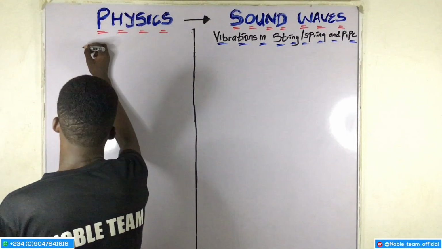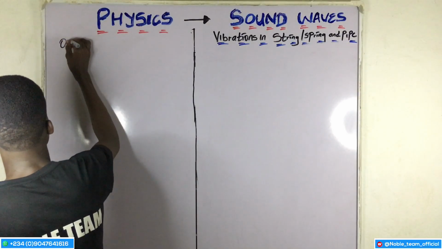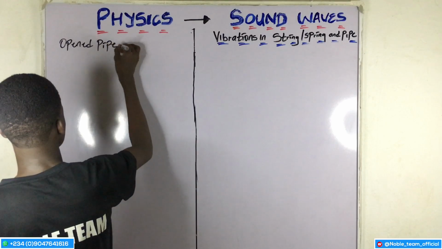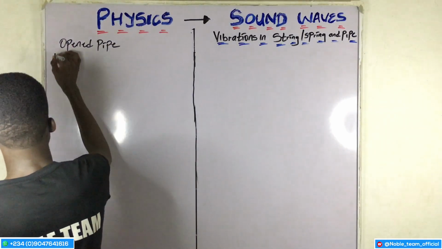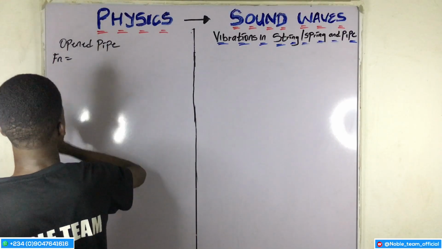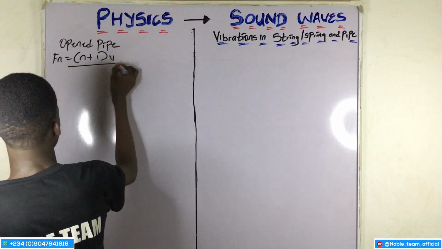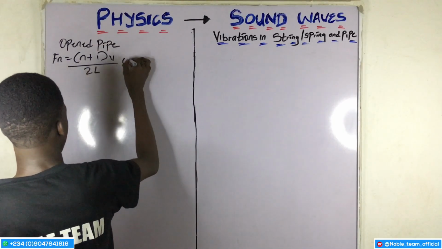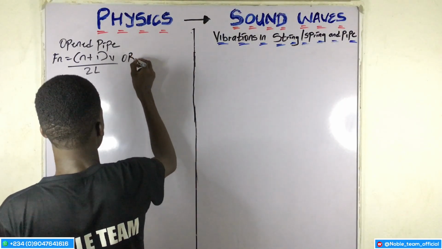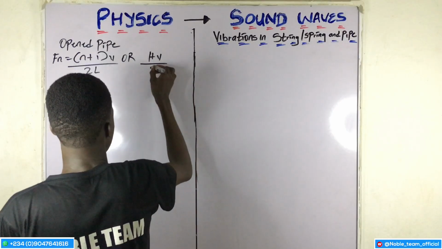Now we have that in an open pipe, Fn is equal to (n plus 1) over 2L, or I can simply say that is equal to HV over 2L.